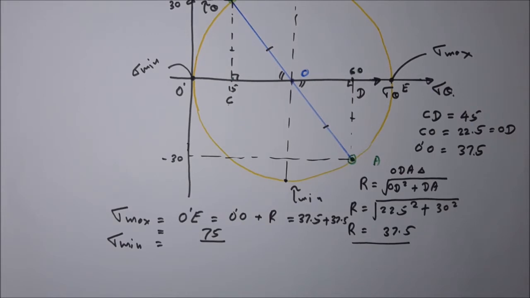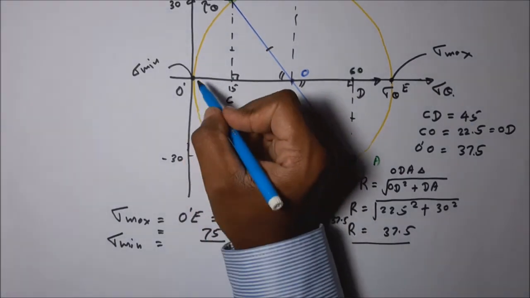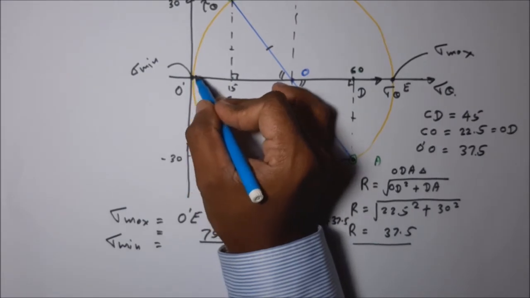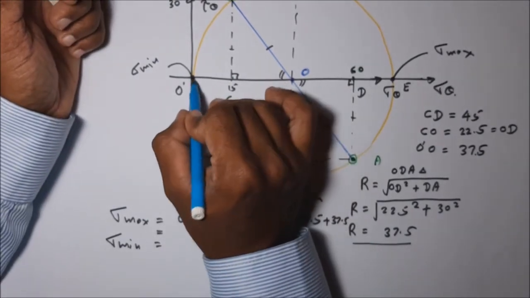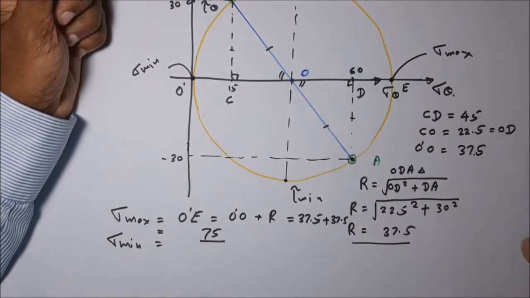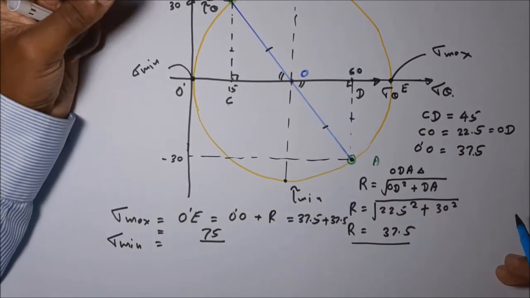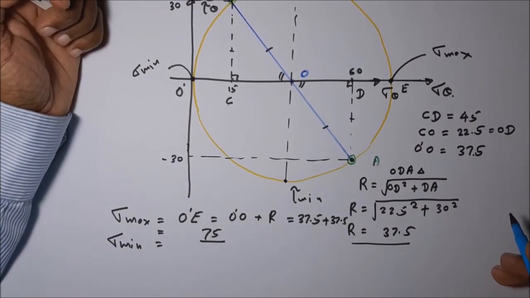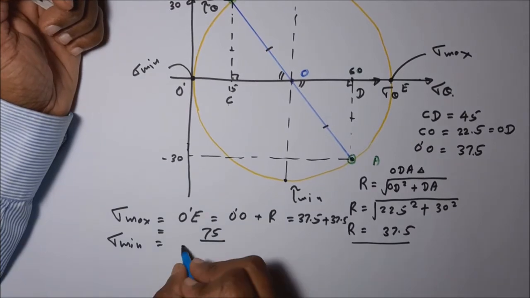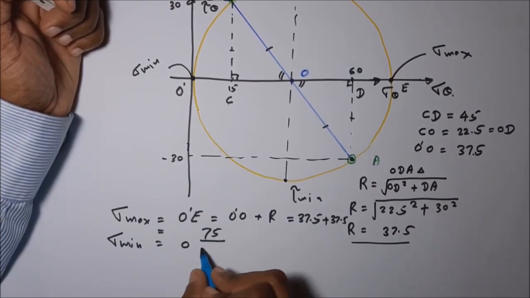What is sigma minimum? Sigma minimum means this point, no? You can see that it is passing through the coordinate center. So that is equal to 0. Sigma minimum is equal to 0.